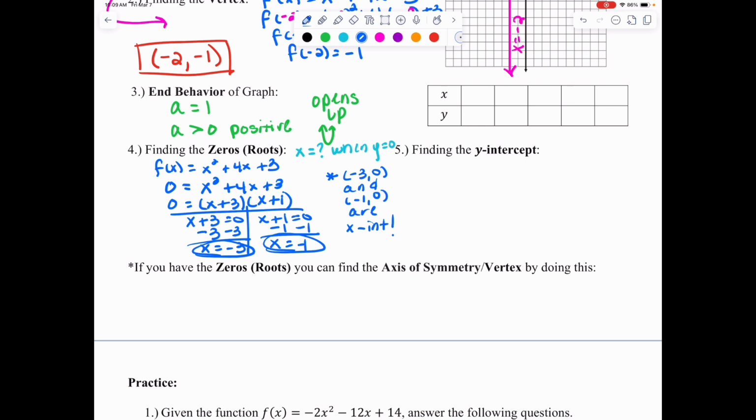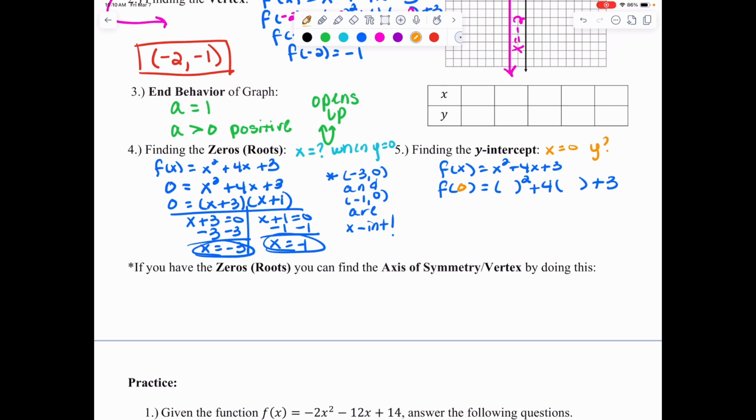Now finding the y-intercept, I want you to think about this as x is 0, what is y? So once again, we are going to use our quadratic function, f of x equals x squared plus 4x plus 3. But we're going to find f of 0. So that's going to be whatever x is squared plus 4 times x plus 3.